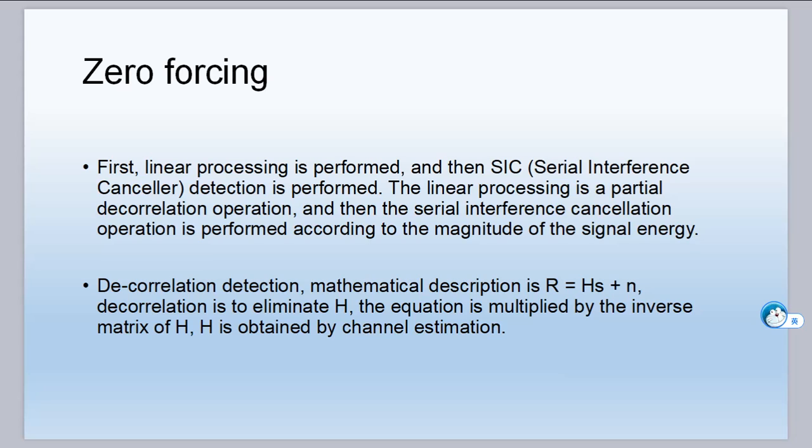The decorrelation detection uses a mathematical description, like I explained in the last slide. So the goal is to eliminate H, and H is a channel estimation, like the MIMO OFDM channels.